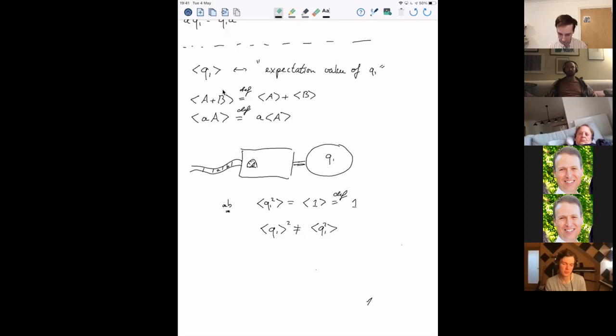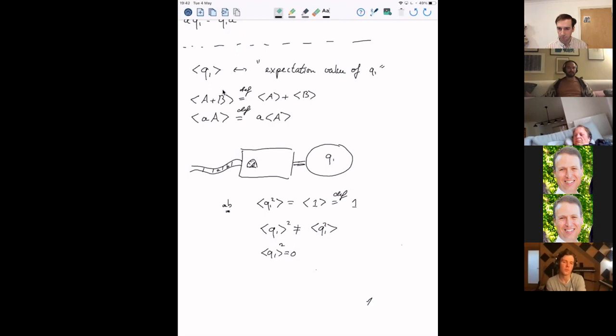For example, being completely general here, what if the first measurement result had equal probabilities of being a 1 and a -1? Well, if that were the case, then the expectation value of Q1 would be 0. So the square of the expectation value of Q1 would be 0.